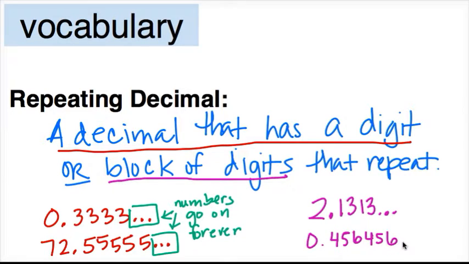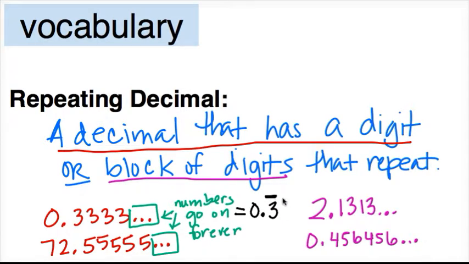Here's another example, 0.456456. I know it's repeating because I have the 3 dots that come at the end. And my block that's repeating is the 456. So in case you need a little review, the way that we write these decimals is wherever the repeating happens, we draw a line over the digits.